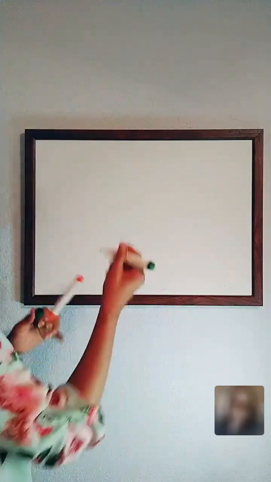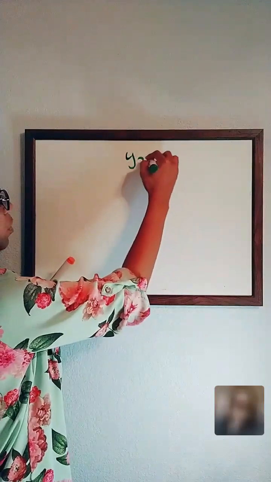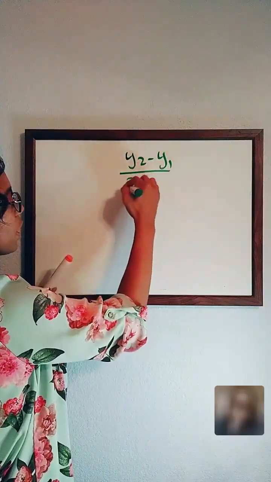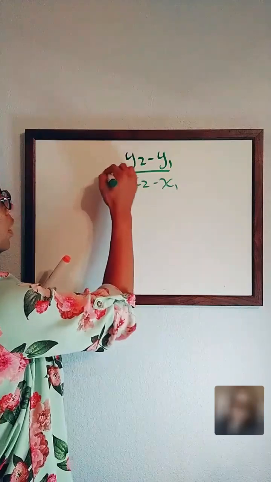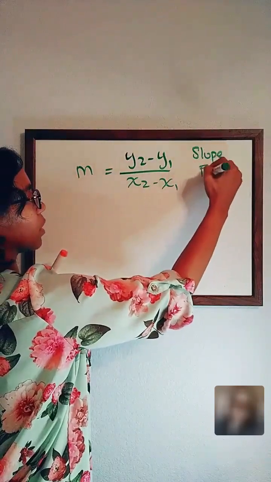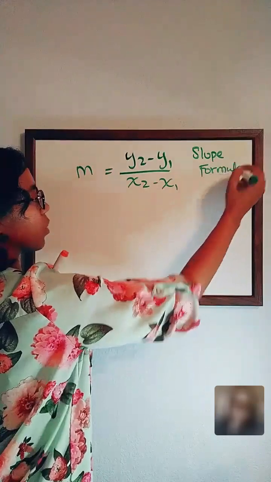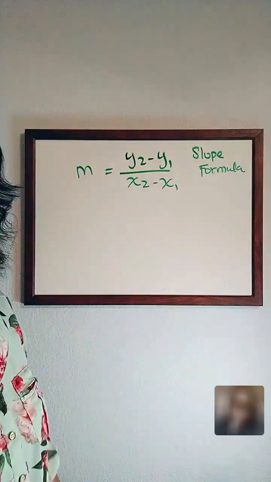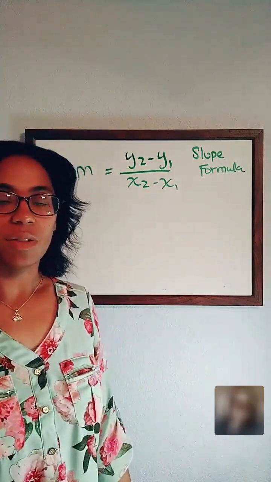All right, so Black China wanted to do the slope formula, which is y2 minus y1 over x2 minus x1, which is equal to m. This is called the slope formula, also known as rise over run, also known as the change in y over the change in x, okay?